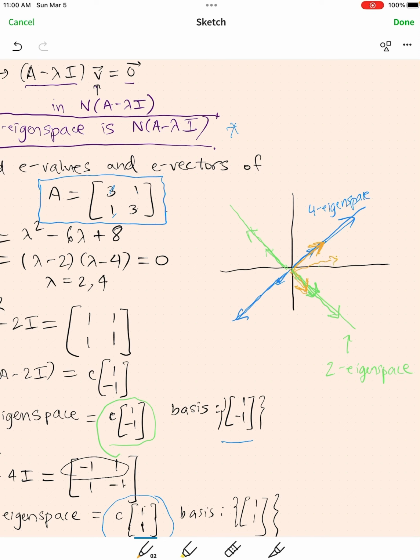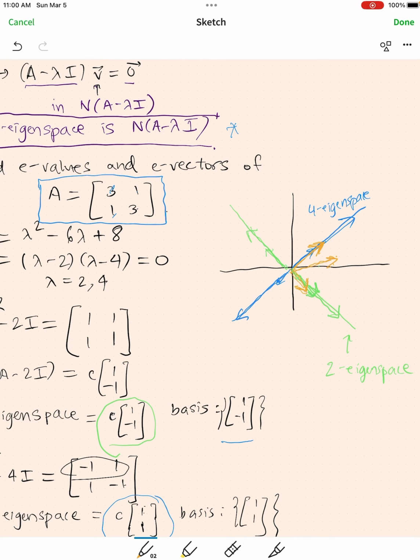And that sum is not scaled by anything, because it's not along the blue line, it's not along the green line. So here you have two eigenvectors, and when you add them, you don't get an eigenvector.